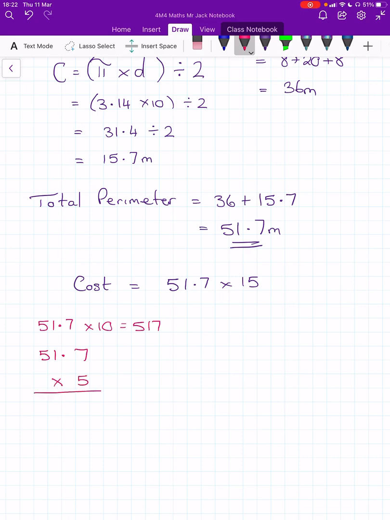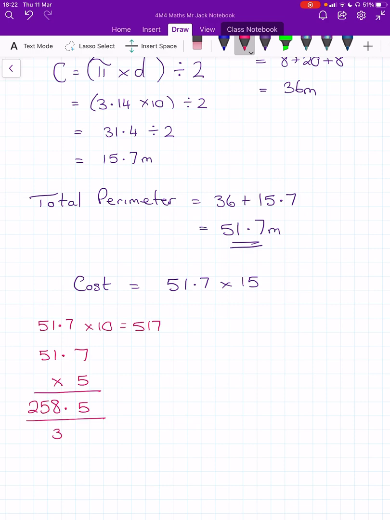Now I'm going to use a bit of a sum here. Keep my decimal point where it is. 7 times 5 is going to give us 35. So that's 3 there, and I'm going to carry that 3 across. 5 times 1 is 5, plus 3 is 8. 5 times 5 is 25.